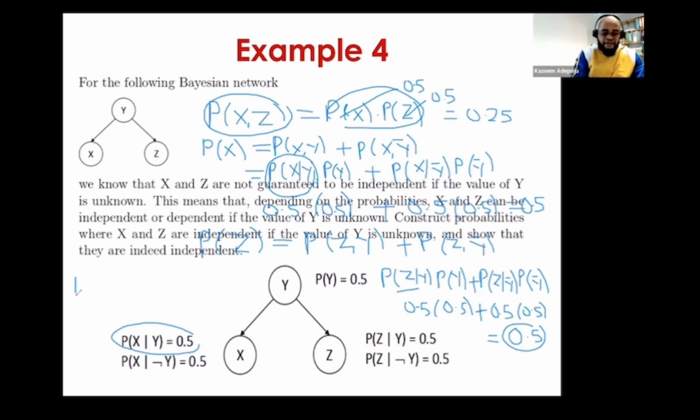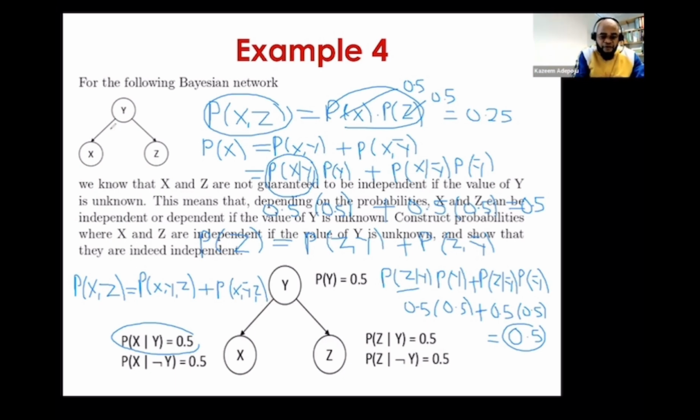Of course, I know x and z are independent given y. So I'm going to consider a situation where I have x, y, z, plus the probability of x, comma, y bar, and z. That is exactly what I'm going to consider.